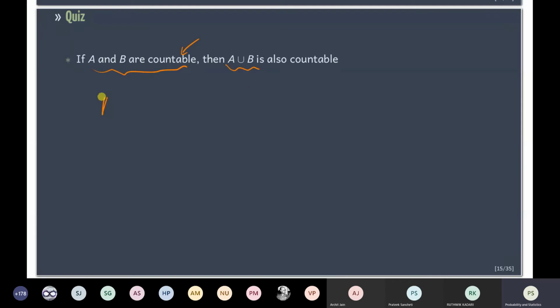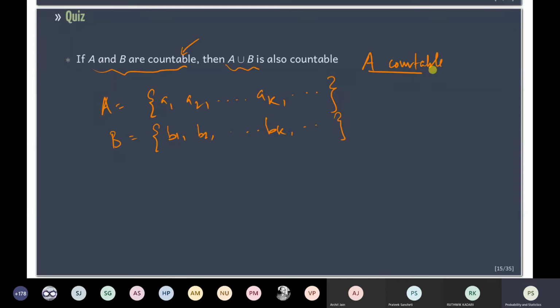So I can write this as A1, A2, up to AK, and so on. It's countably infinite, so it doesn't stop. And B, I can write this as B1, B2, up to BK, and so on. As I said, you may have a lag when I write here, but it's very smooth, so don't worry about that.